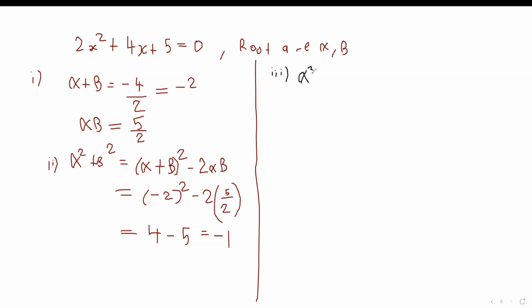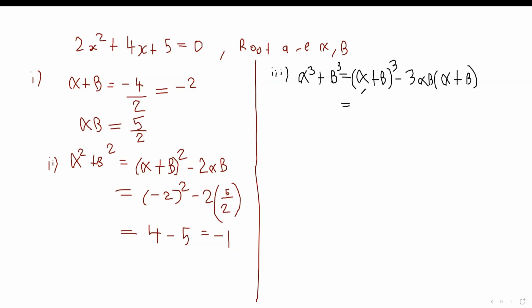Alpha cube plus beta cube is given by the formula alpha plus beta all cube minus 3 alpha beta times alpha plus beta.